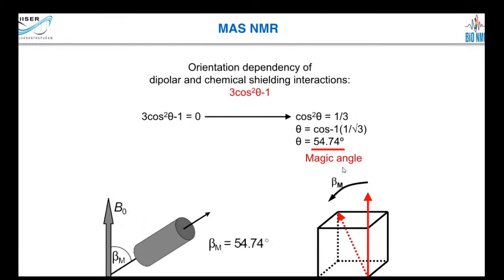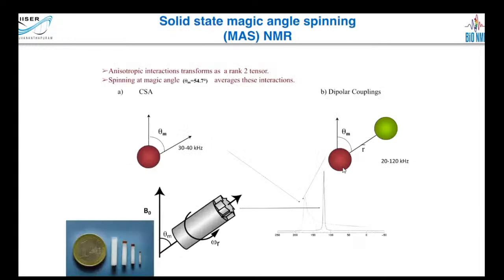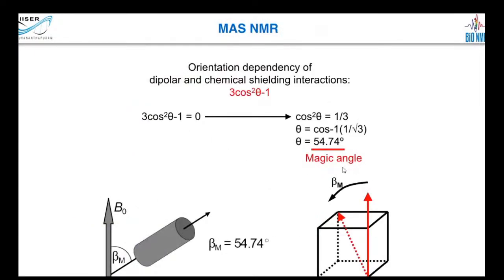Anyway, so this is what we need to do. This 3 cos squared theta minus 1 comes from the dipolar interactions and CSA. If you keep theta at 54.74, then it goes to 0. So these dipolar couplings are going to vanish, and that is why it's called magic angle spinning. Now, why do you spin it? Because not all bond vectors will be aligned at 54.74. So you have to spin it really hard, so the net resultant vector will be aligned along 54.74.